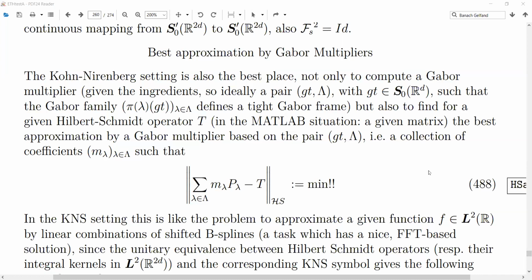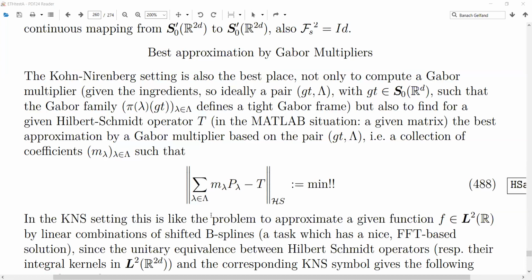So I have to recall the following situation. A Gabor multiplier is an operator which takes the Gabor coefficients, multiplies them with numbers mu lambda, and then puts them back to the position.